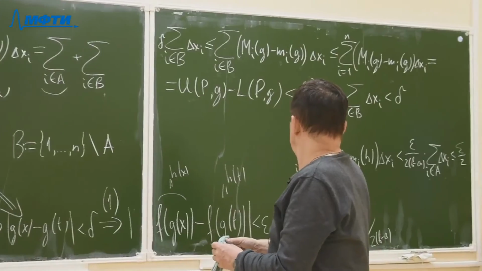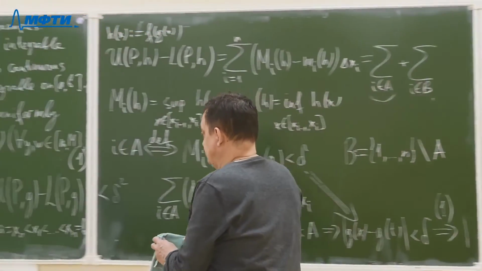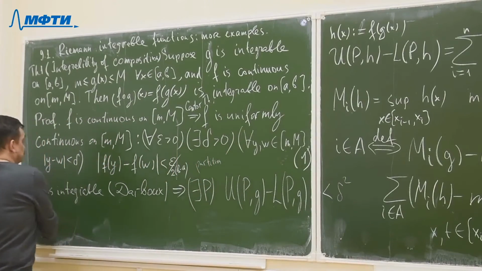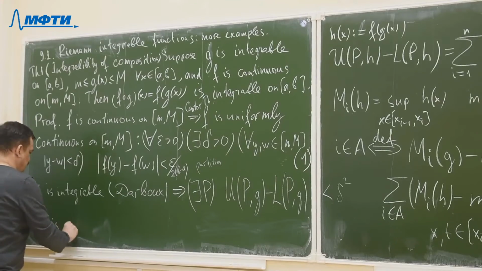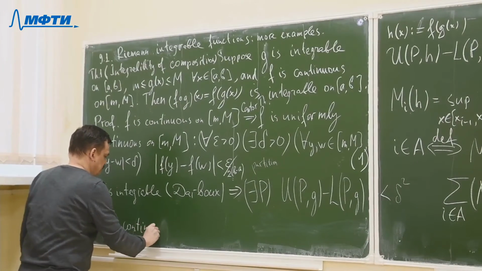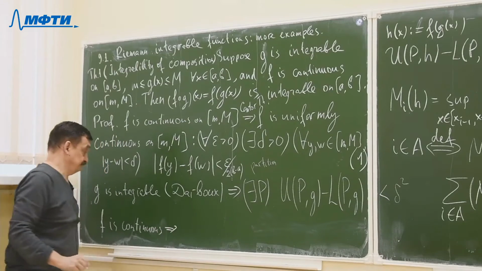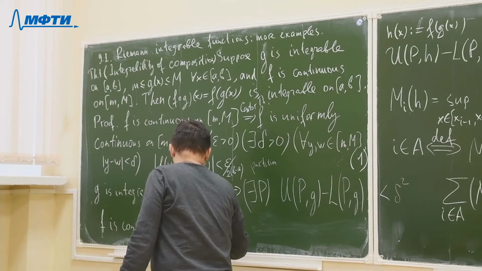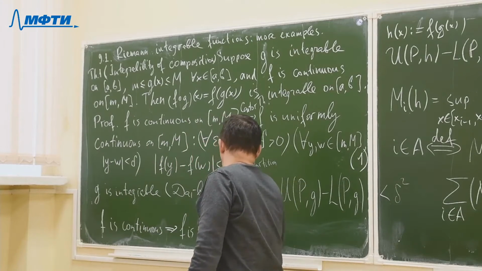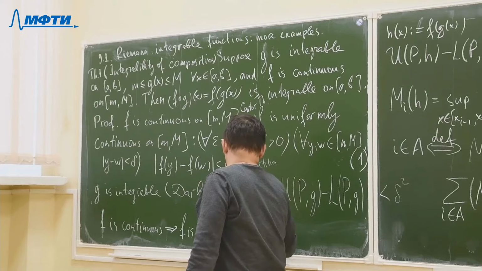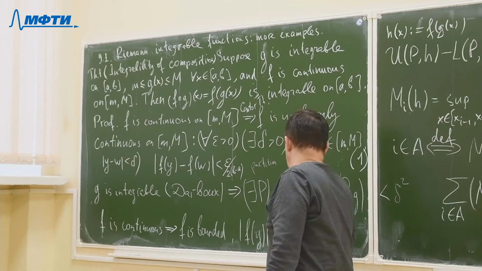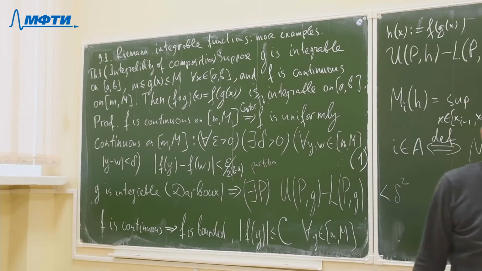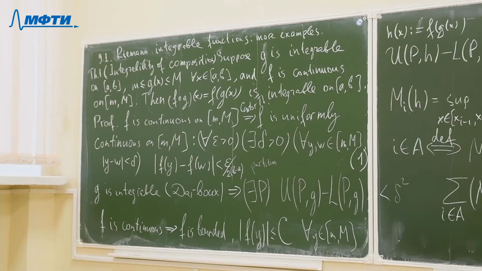Hence, I'll choose one more thing. f is continuous, hence f is bounded: the modulus of f(y) is less or equal to capital T for all y in [m, M] by the Weierstrass theorem. Every continuous function is bounded.